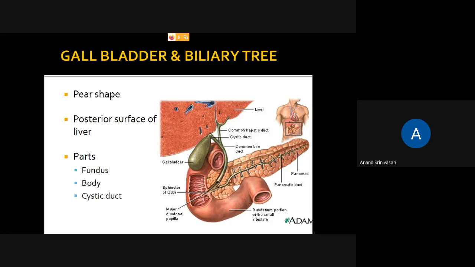The body also needs carbohydrates, proteins, and fats; a normal amount of fat is required by the human body. When fat enters the duodenum, the fat molecules are broken down into small pieces by the bile, and then they are absorbed through the villi. So that is the function of bile.